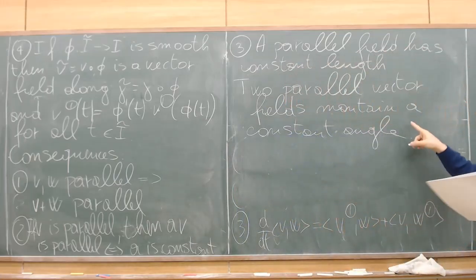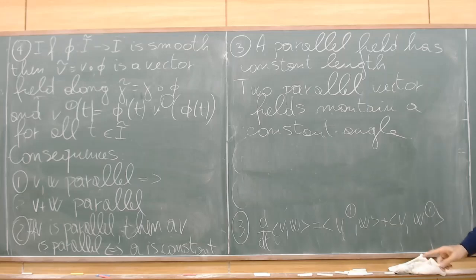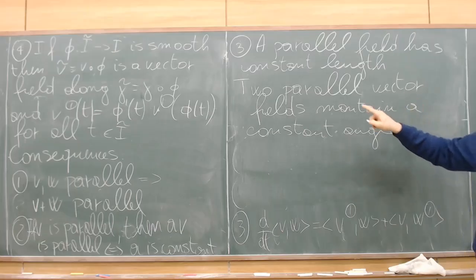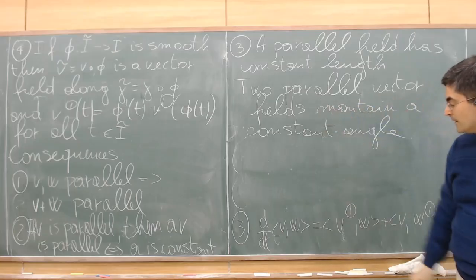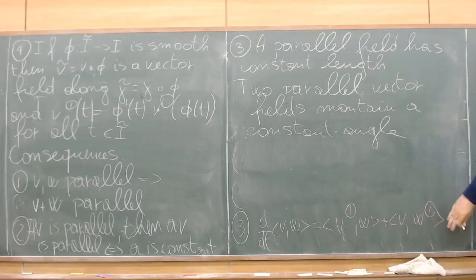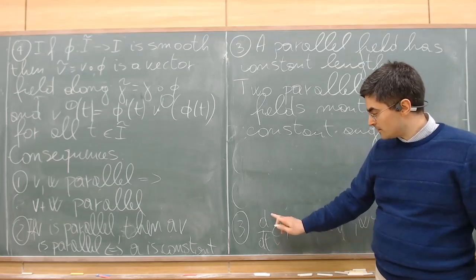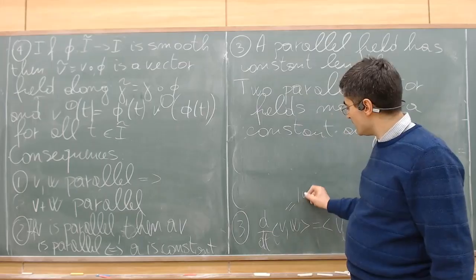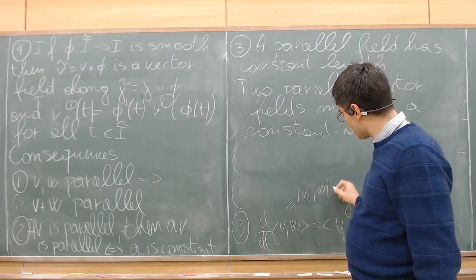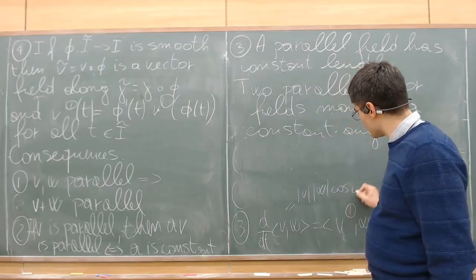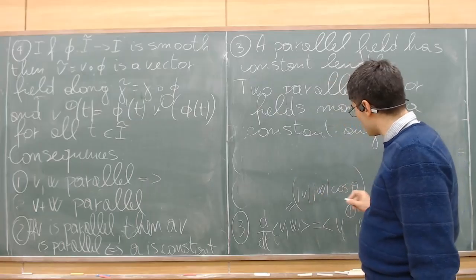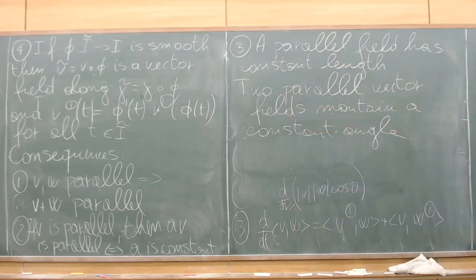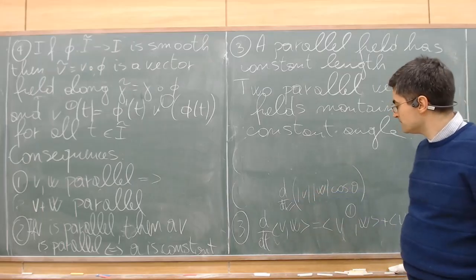In order to prove this statement, you use the fact that if the vector fields are parallel, then this is 0, and consequently this derivative is 0, but this is the length of V, length of W, cosine of theta, with a symbol of derivative in front of it.